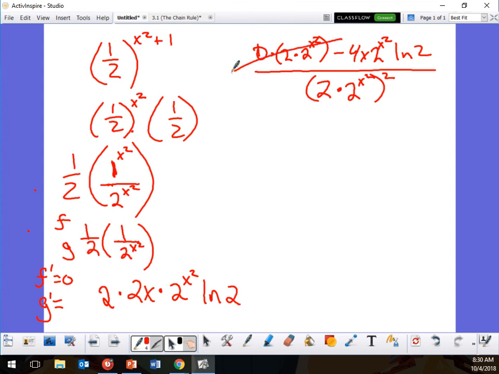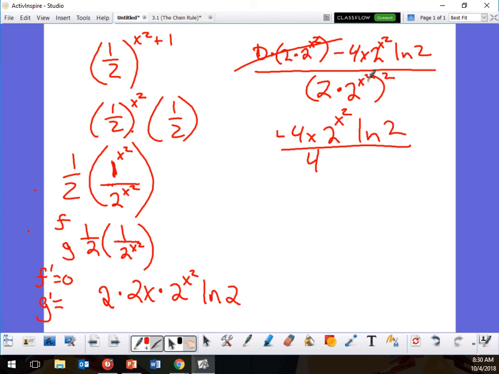So now I'm going to be negative 4x times 2 to the x squared ln of 2 over. Now I'm going to expand this, actually multiply this in. So what's 2 to the second? 4. So I have 4.